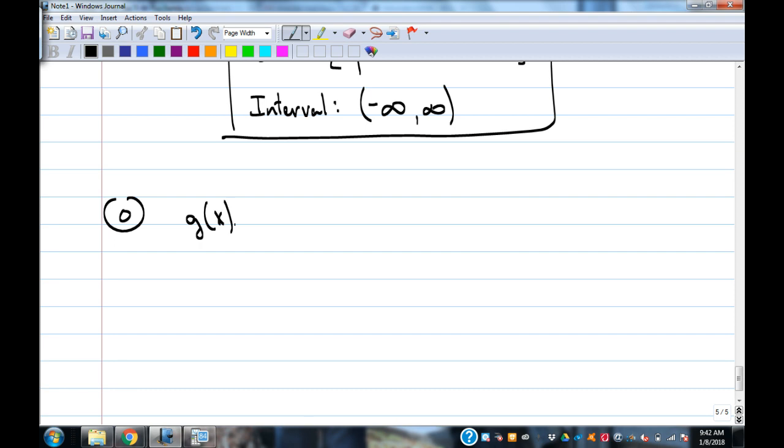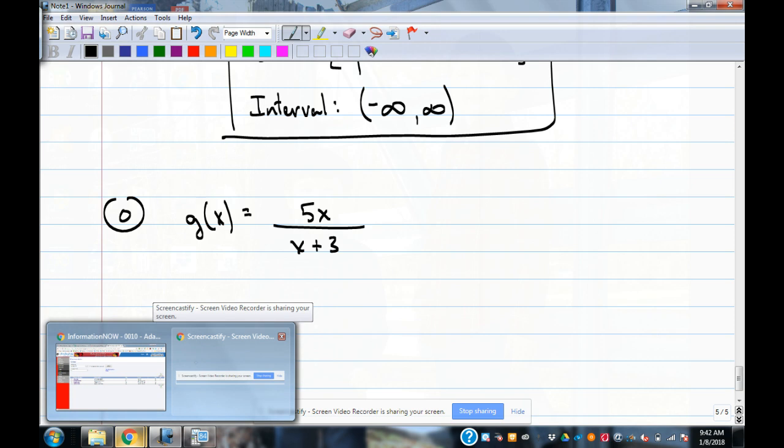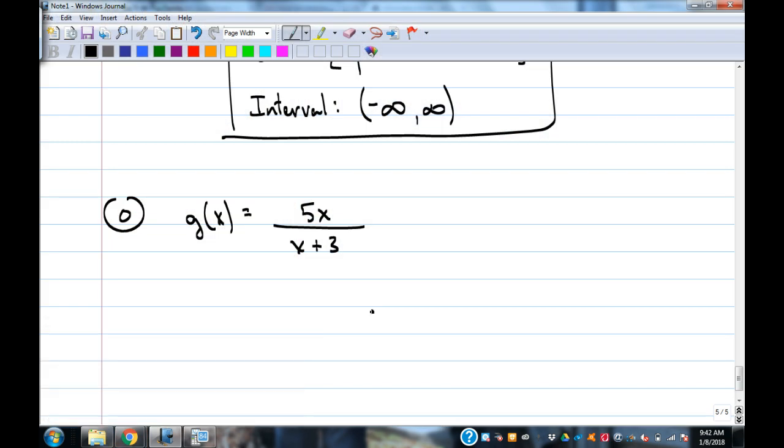Q of x, 5x over x plus 3. Let me rewrite that a little bit better. 5x over x plus 3. There's an x in the denominator. There's a red flag right there.